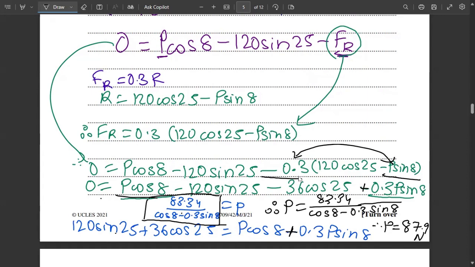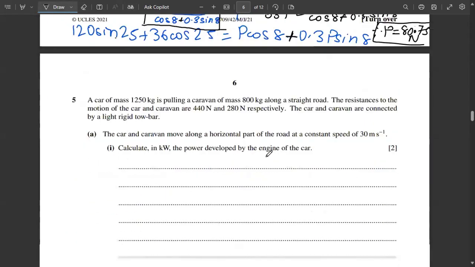So even this will become a plus 0.3 P sin 8. And this will become a plus. And if I put that in the calculator again, 83.34, the answer is 80.75 Newton. Okay, so sorry for the little silly calculation error there. Let's move to the next question.